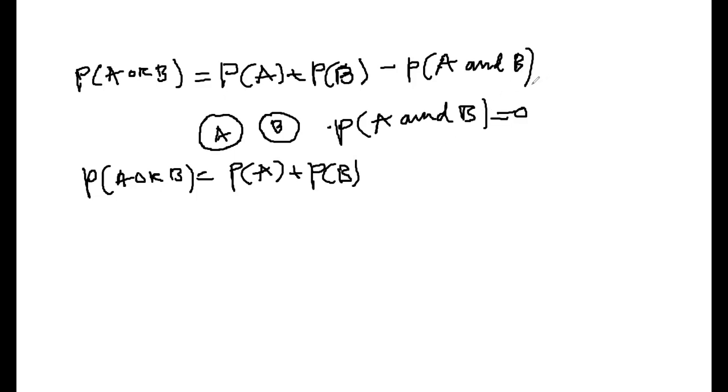So this one is the one that is not mutually exclusive. For this one, it will be like this. The one in the middle here is A and B. Okay, like this.